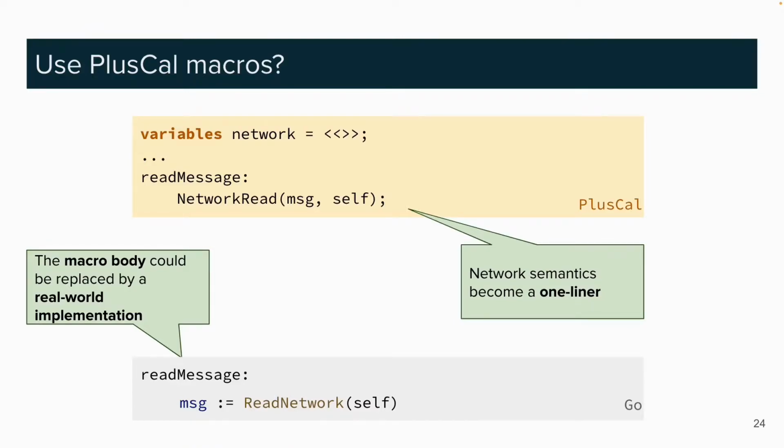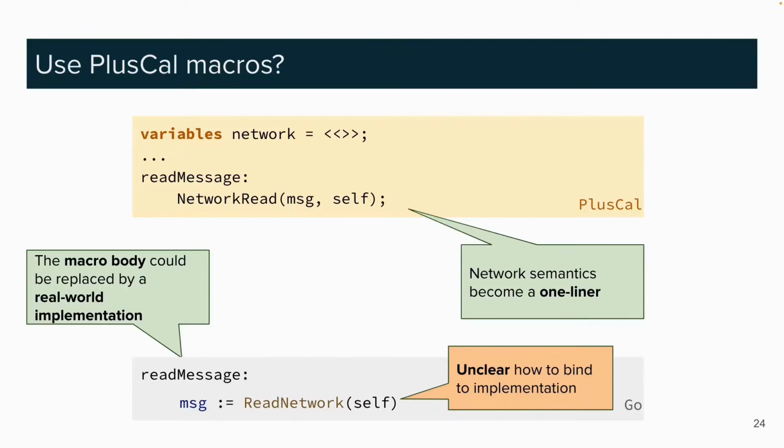But the problem is that it's not actually clear how to provide an implementation for this read network function. Because except for its name, it's not clear how it actually relates to the network, because from its other inputs and outputs, we cannot understand how it should do the networking semantics.